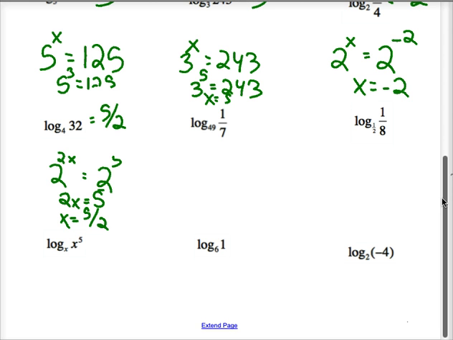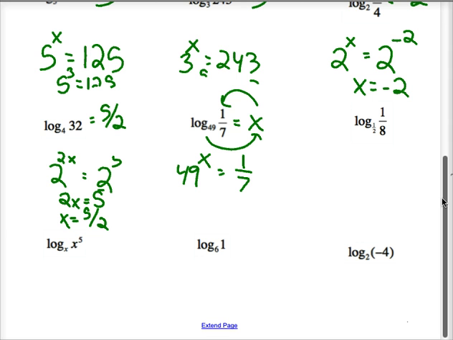All right. And I'm going to give myself a little bit more space up here. So 49 to the x equals 1/7. All right, so here's another one where it's getting a little bit tricky. So first of all, if I want to write these, the thing I need to notice, 7 is the square root of 49, right?